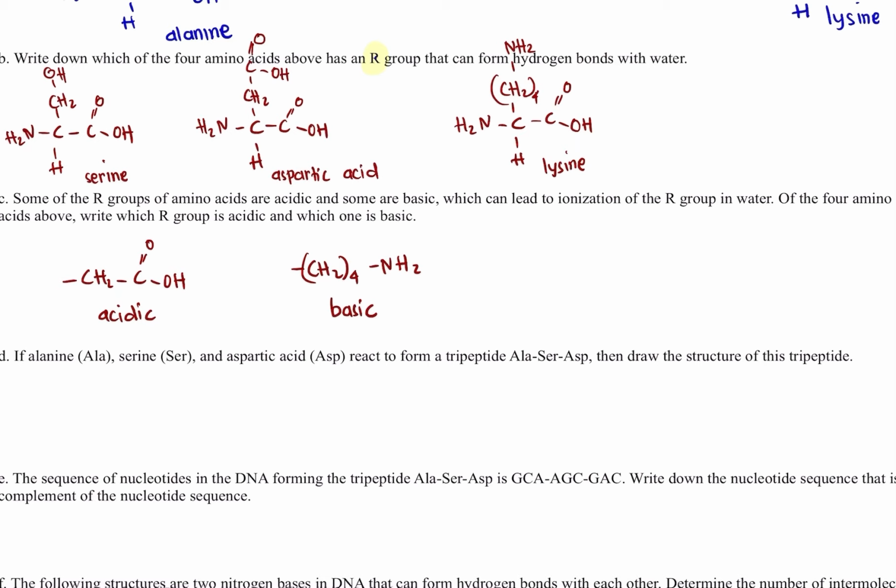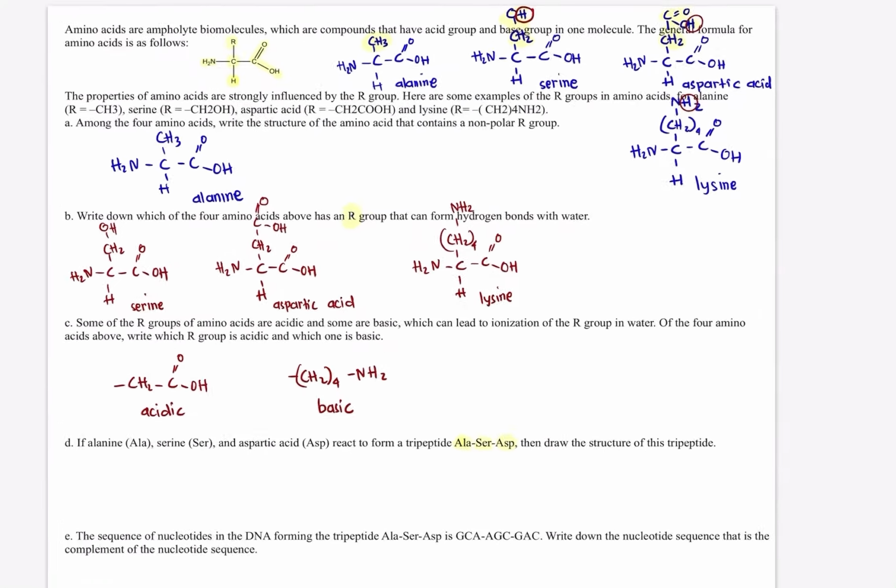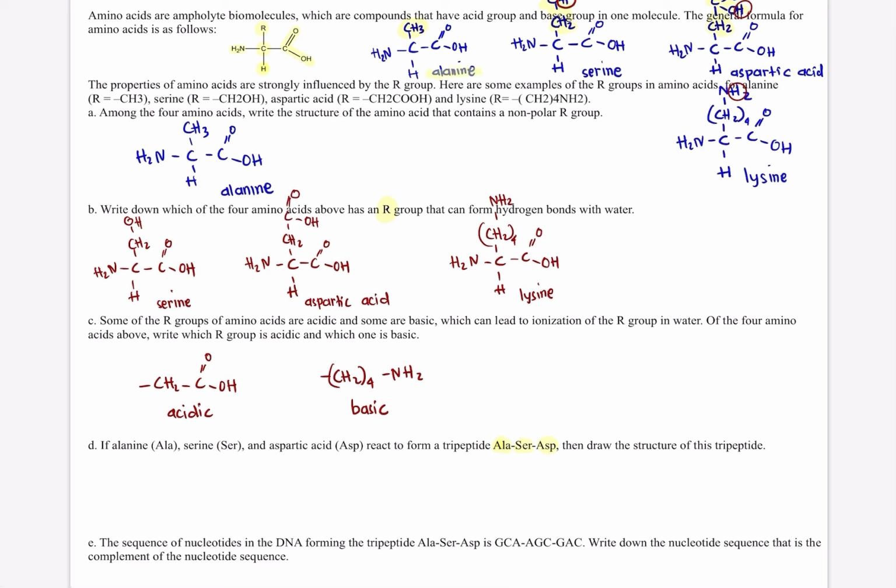So this is a reaction between the carboxylic acid part of one amino acid with the amine part of the other amino acid. So now we want to make alanine, serine, and aspartic acid. So we want to combine 3 amino acids.